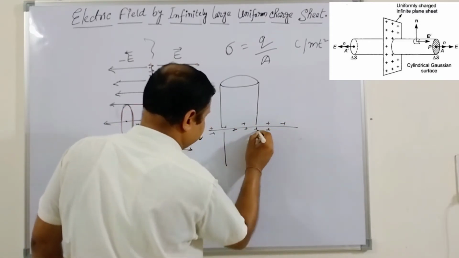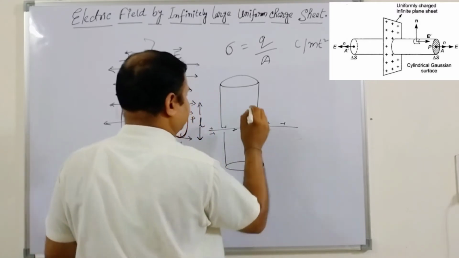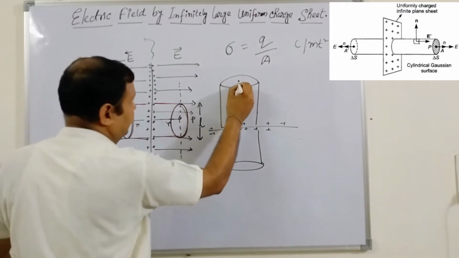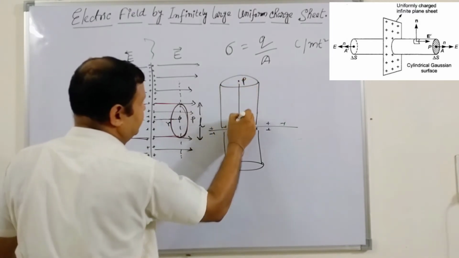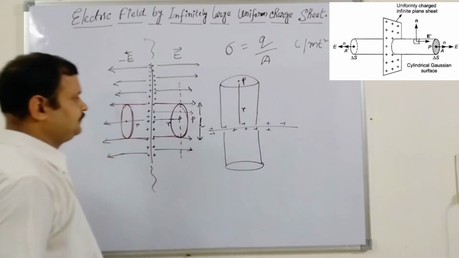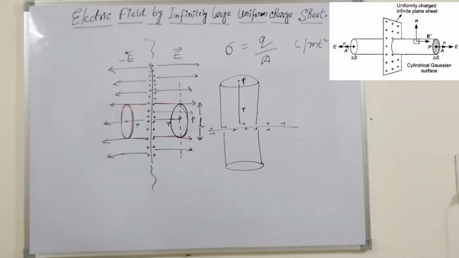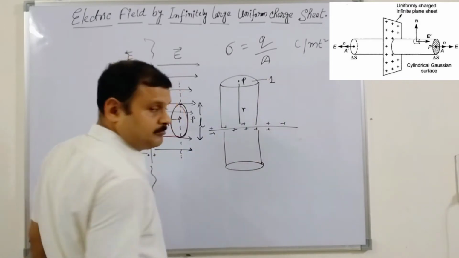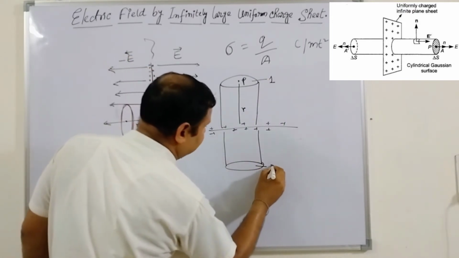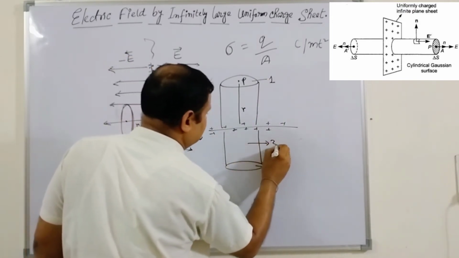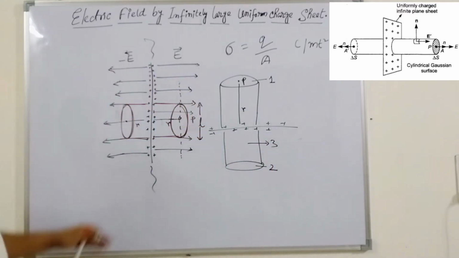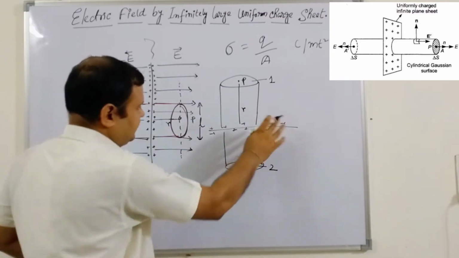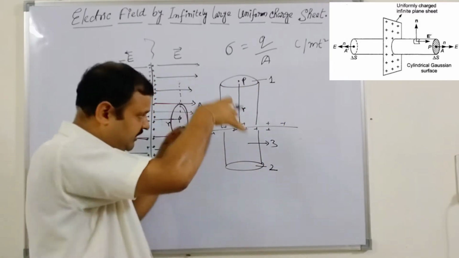Now this is the same cylinder, and this point is P, and its distance from the sheet is R. So now we say this is a surface, this is a surface, and this is a surface. And this cylinder actually pierces through this sheet, goes through the inside of it.